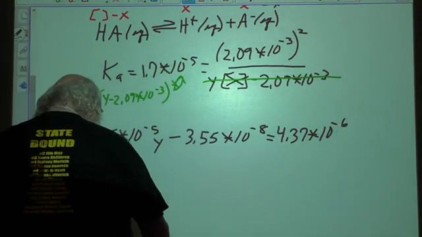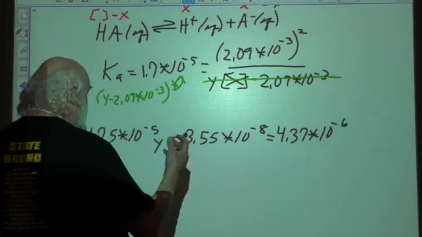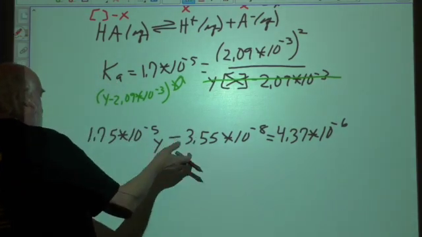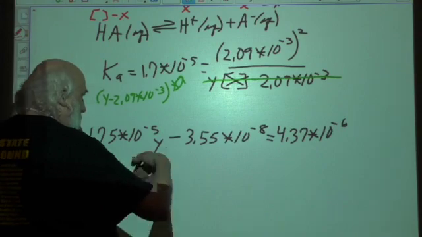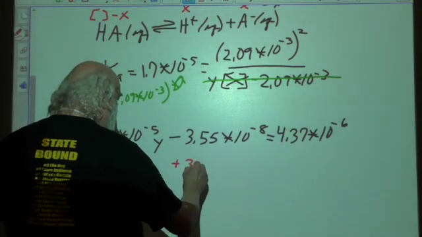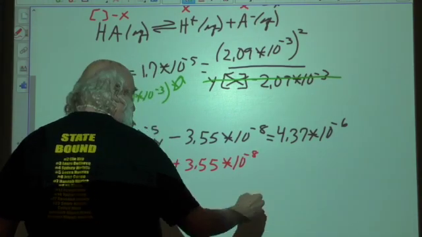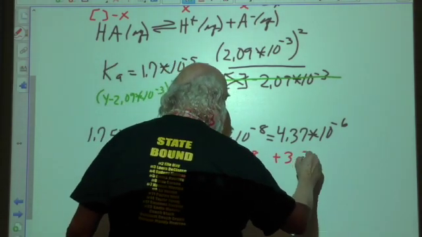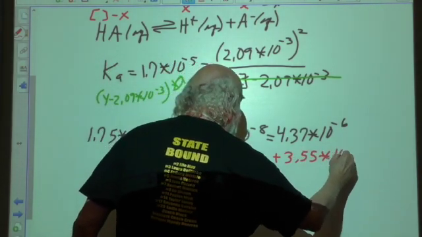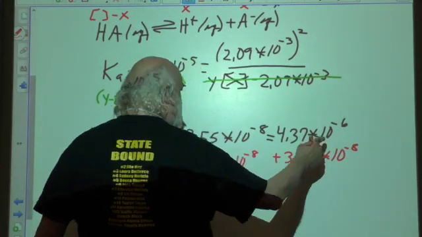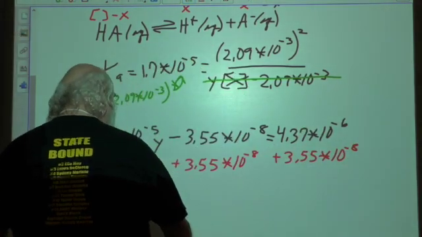Okay, so now, again, this is algebra. I got Y here, got a subtraction, got a multiplication. Since I'm going backwards, I'm going to have to add my 3.55 times 10 to the negative 8 to both sides, which is like a 4 times 10 to the negative 6.